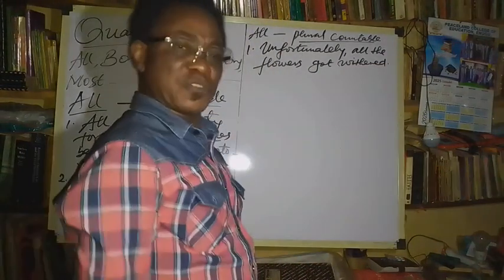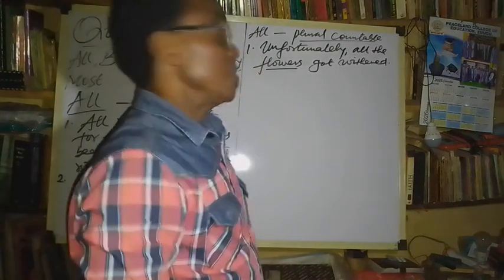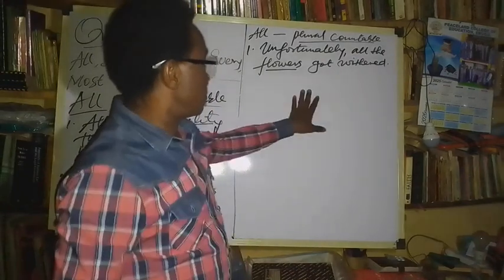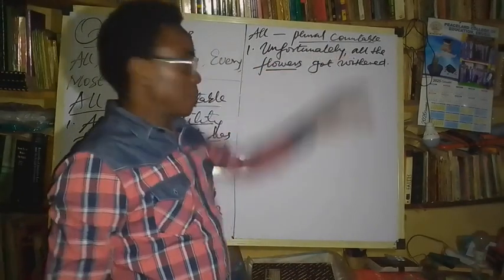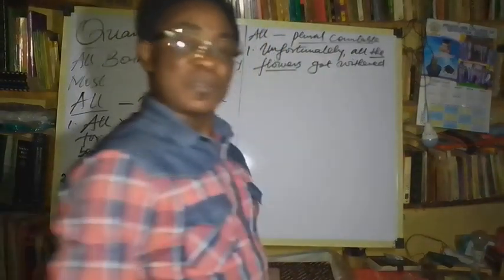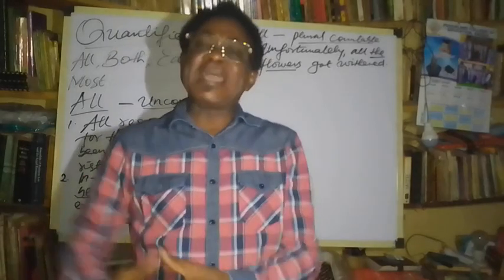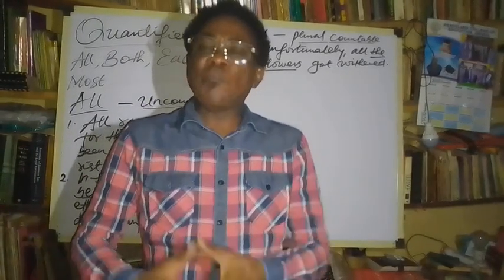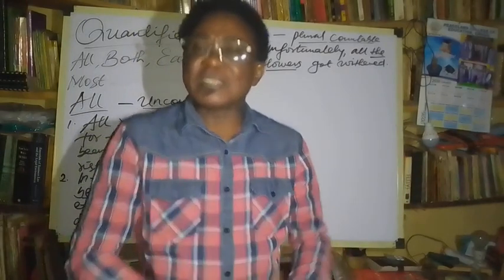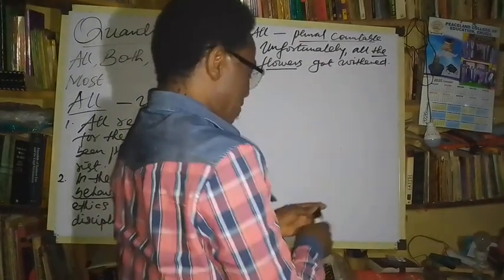It says, unfortunately, all the flowers, all the flowers. So when we use all with a plural countable noun, we sometimes include the article the, especially when one is referring to a particular plural noun that's already known to the person who is listening. Let us take another example.